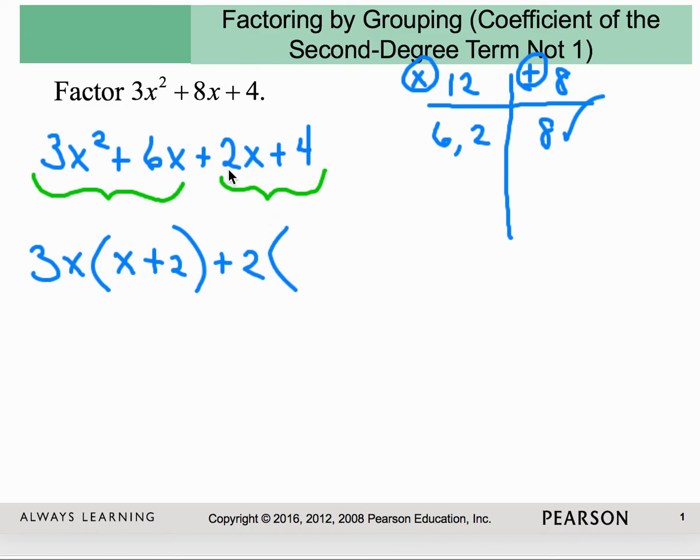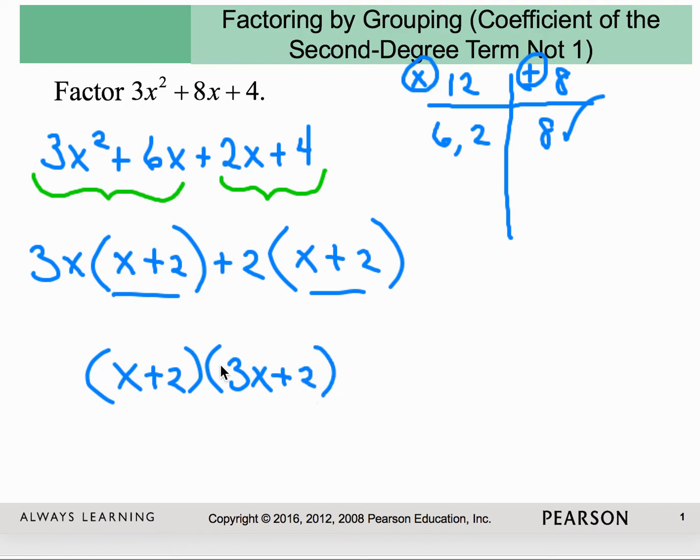If I factor a 2 out of 2x, it leaves the x. If I factor a 2 out of 4, it just leaves 2. Now, the x plus 2 is what they have in common, so I can factor that out, and it leaves the 3x plus 2.